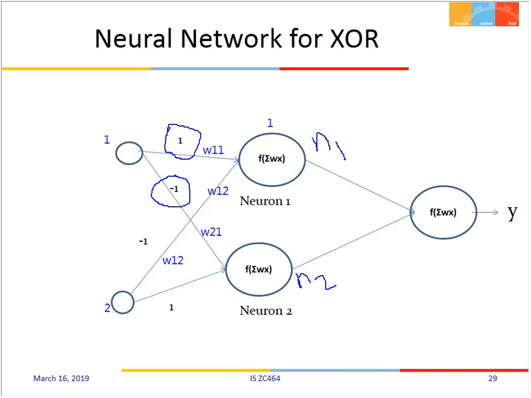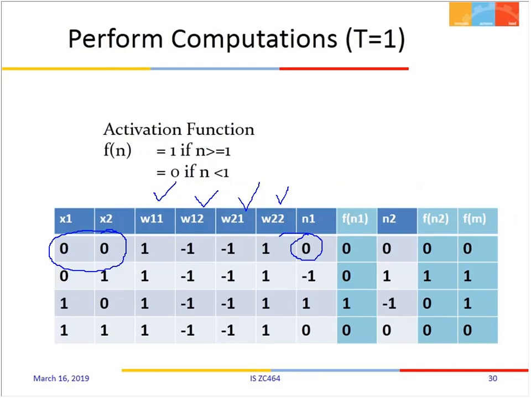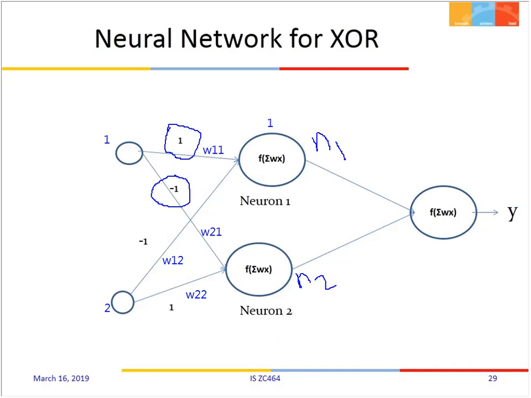So now if your W11, W21, W12 and W22 are given as 1, -1 and -1, 1, can you find out what will be n1, the weighted sum, for 0 0?